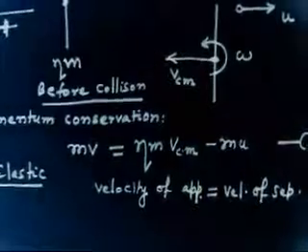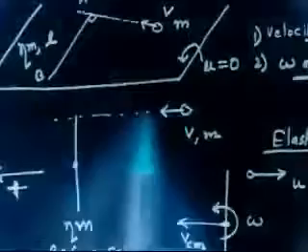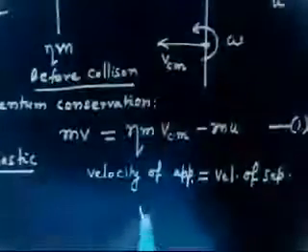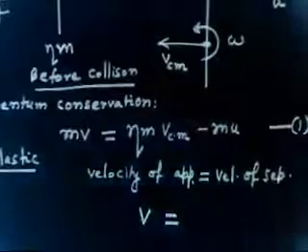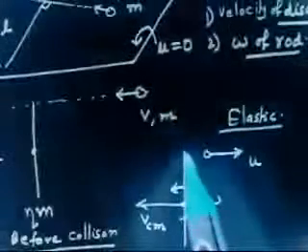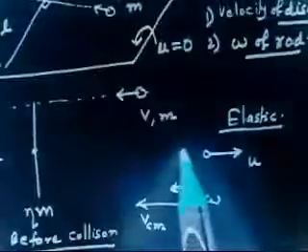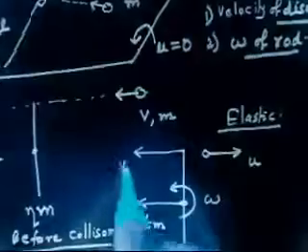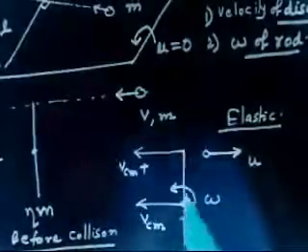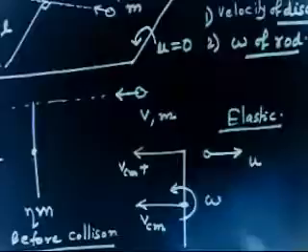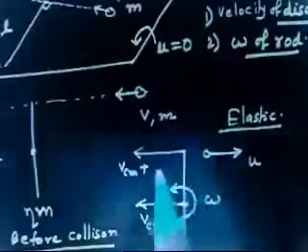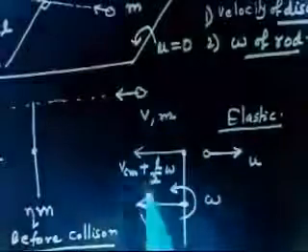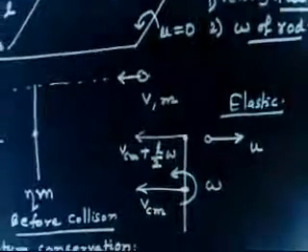So let us see, looking at this point and the disc, what is the velocity of approach? The velocity of approach is v, because the rod is at rest. What is the velocity of separation? This point will have two velocities. So what is the total velocity of this point? This point will have a velocity V_CM due to the translation, and L by 2 into omega, since the rod has length L. So the velocity of this point is V_CM plus L by 2 into omega. Are you getting?